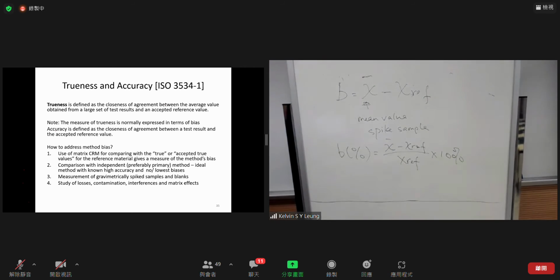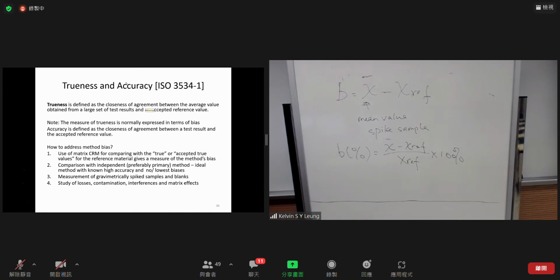Maybe you will correspond with reference to the reference values, okay? So you have to calculate on your own by using some of the mathematical equations, okay? And when you are performing the trueness study, you can consider the bias as well, okay? When you use a CRM, you will know the reference value.